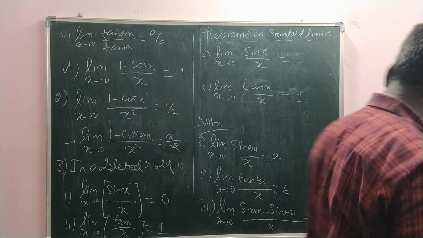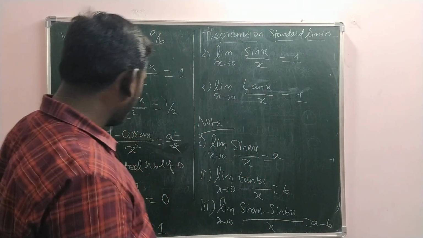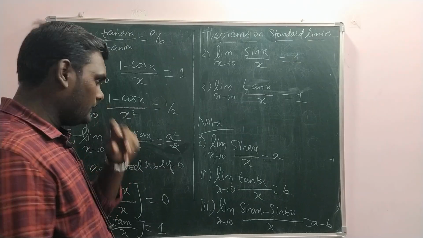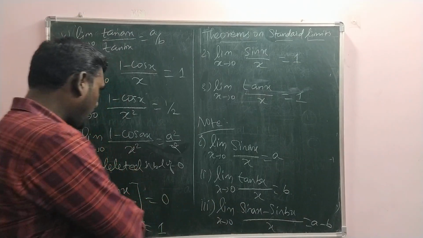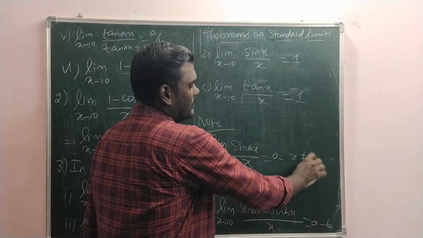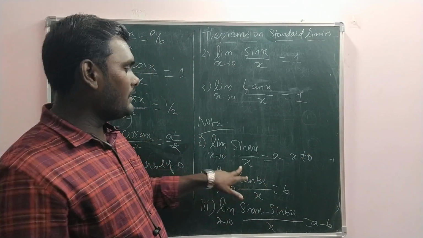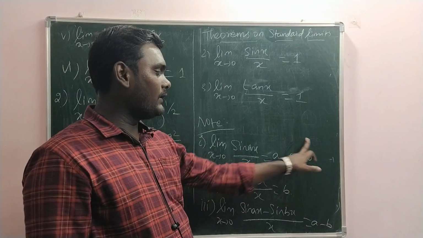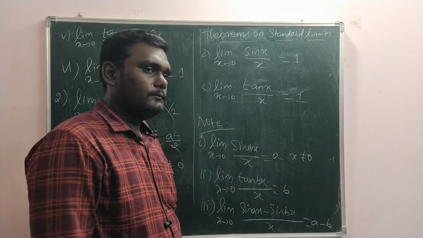Deleted neighborhood means these functions are not defined at the point 0. Except 0, it is defined for all the values. If we say x is not equal to 0, that is what this function is defined in the deleted neighborhood of 0, because 0 is not in the domain.